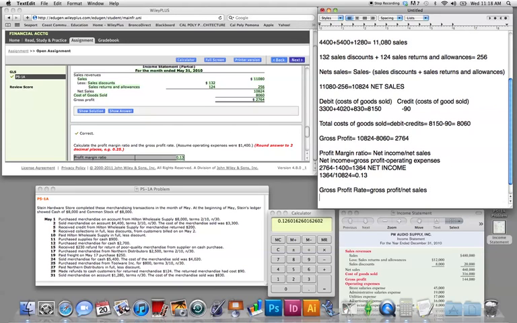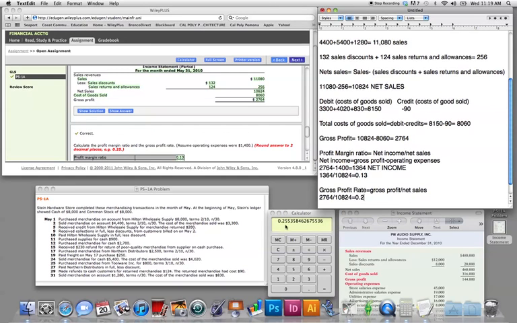So we do gross profit, which was $2,764, divided by our net sales, which was $10,824, and that equals, if we calculate it over here, a gross profit rate of 0.2.